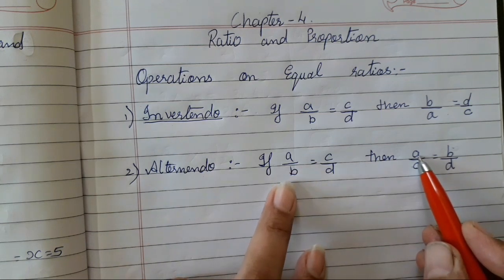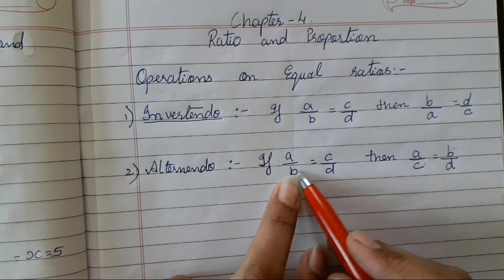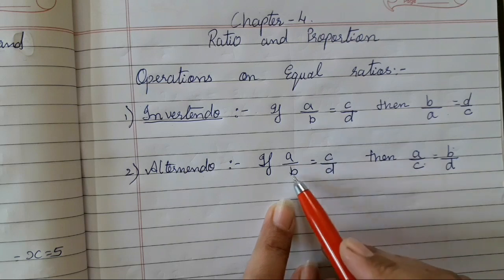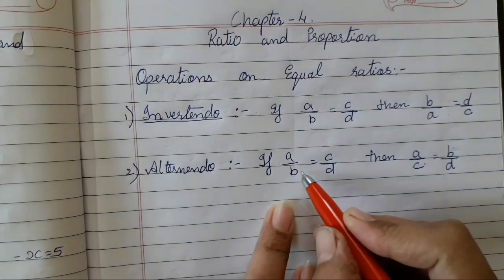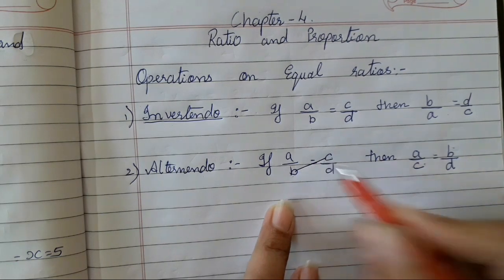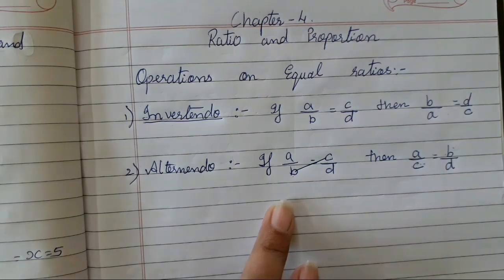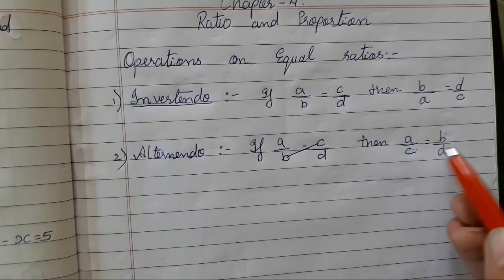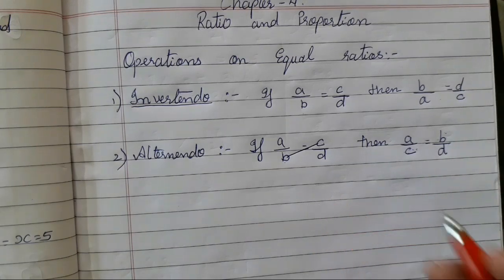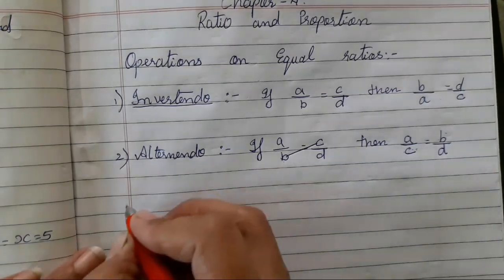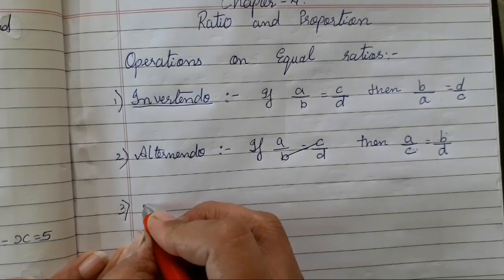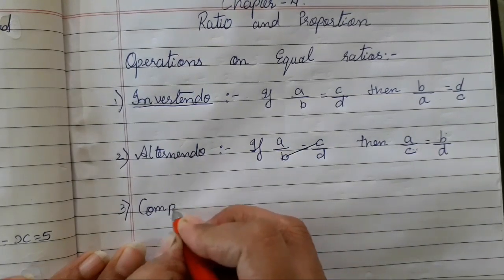A is in its place, but we have changed B to C and C to B. Only these two letters are interchanged. So this is known as alternando.